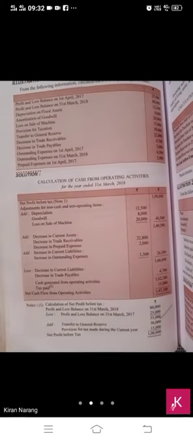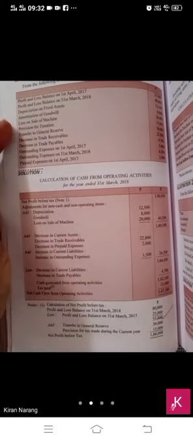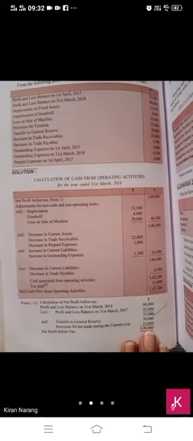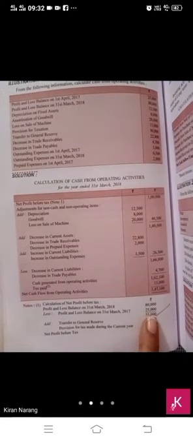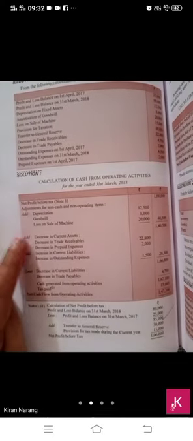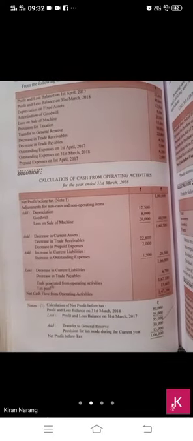Any doubt, bachche? Those two items, provision for tax and transfer to reserve, will be added in the working note. Profit, we have taken the difference between the 2 years' profit, and only two items will be added in the working note, that is transfer to reserve and provision for tax. And then we have seen the working capital changes. Any doubt, bete?